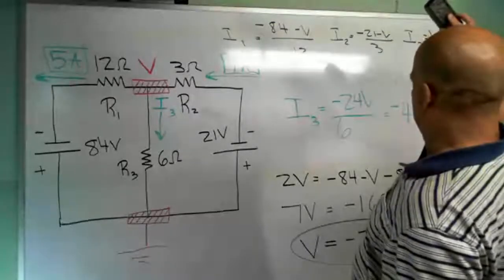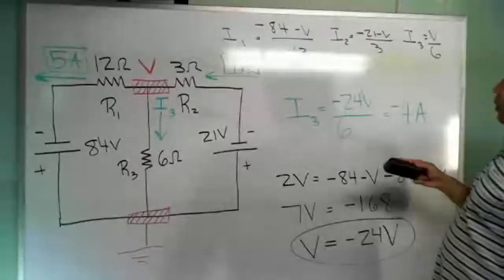I3 gets inverted because both of the batteries are swapped downward. So wouldn't the electron flow go from the bottom to the top then?